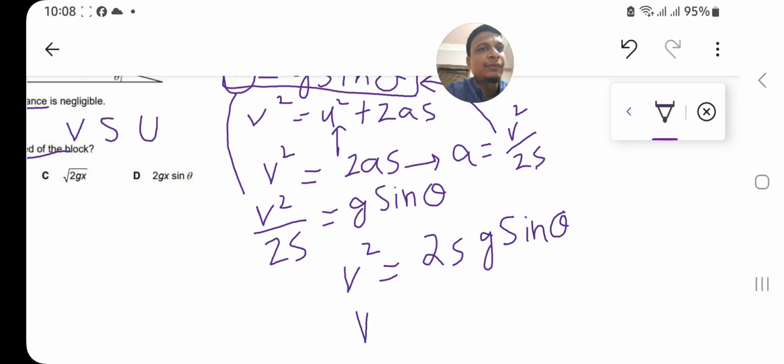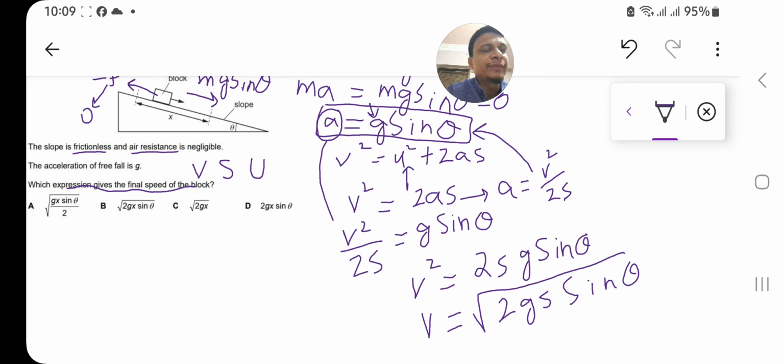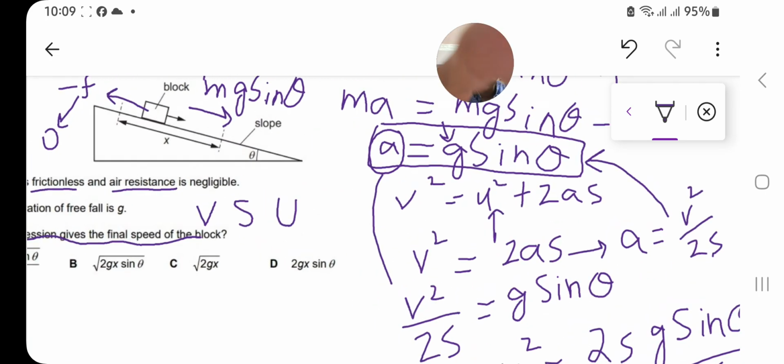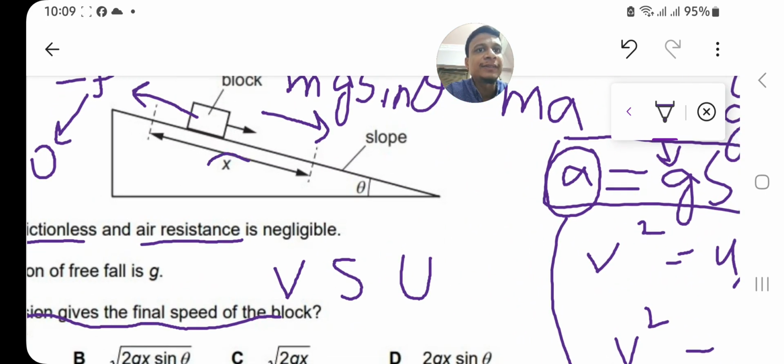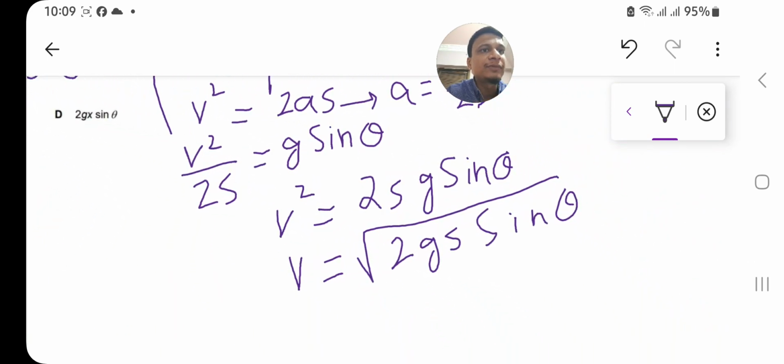In order to make v the subject, because we need the final speed of the block, take the root of 2gs sin theta. Here s is our symbol from the formula, but they say that the distance covered is x, so we will replace s with x.